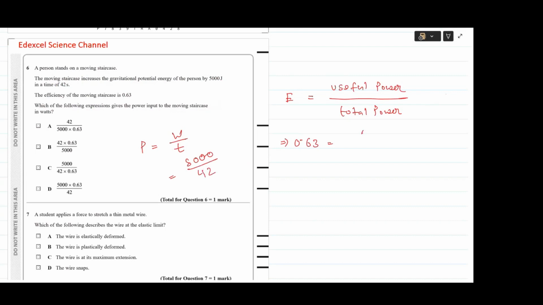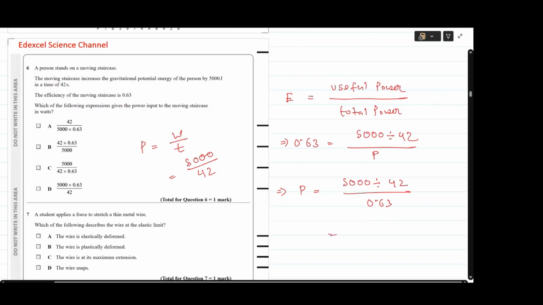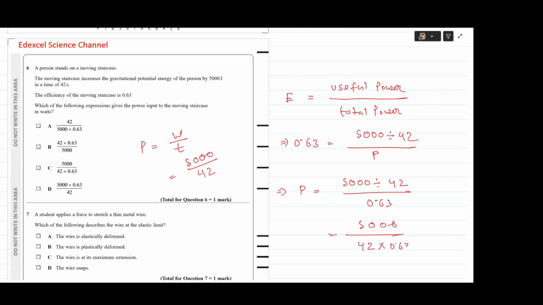So let's plug that in, divided by our total power. Now, power is equal to 5,000 divided by 42 by 0.6. And that is why number C is the correct answer, because if we do the algebra, it should be something like that.